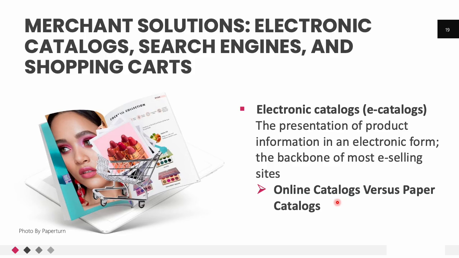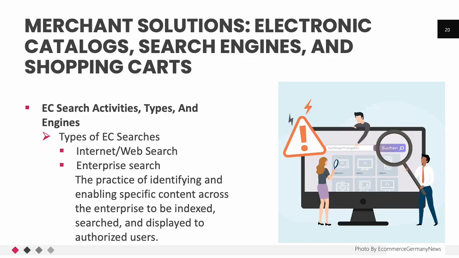It's very easy. And when you do a search, the paper catalog can't do it for you. The e-catalog can do it for you. But for paper, you need to flip the pages manually, right? With the e-catalog, you just press Control-F and search for what you are looking for, and it will be there for you. It's very easy.